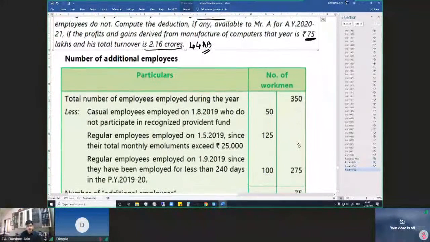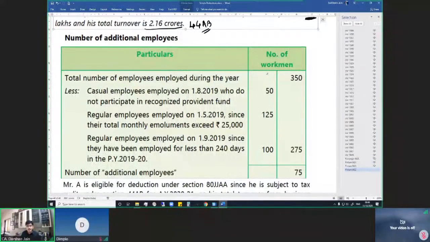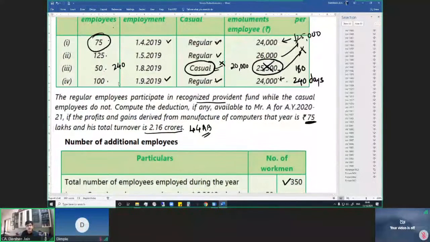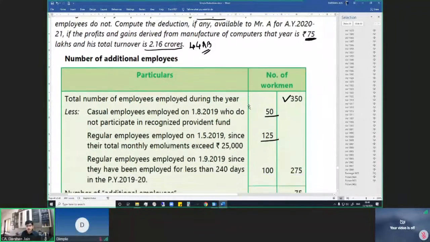The number of additional employees: total employees 350, out of which casual employees are not eligible because they are not participating in recognized provident fund, and also you pay them more than 25,000. Thereafter, those employees who are getting 26,000 rupees, even though they are employed during the year, yet since their emolument is greater than 25,000, they are also ineligible.